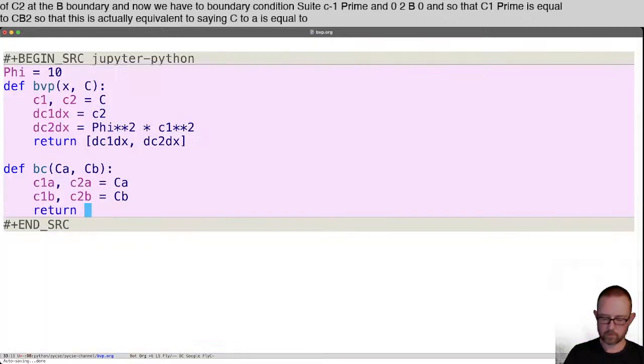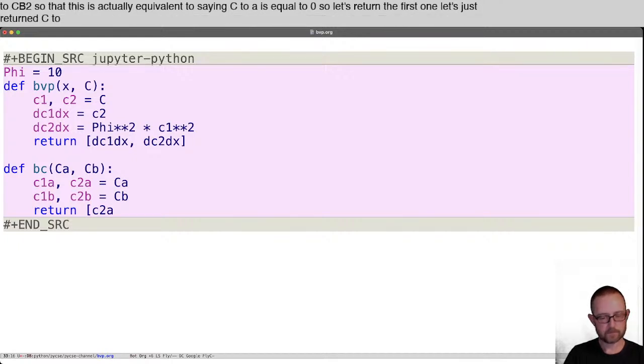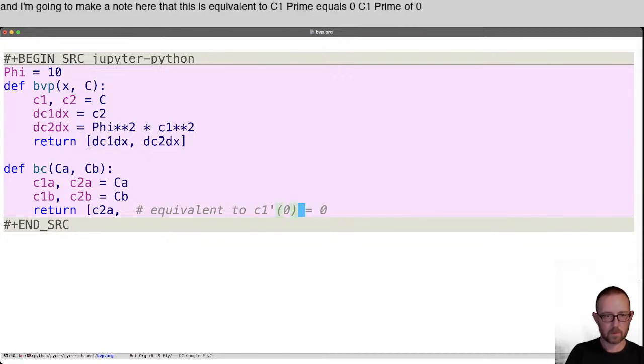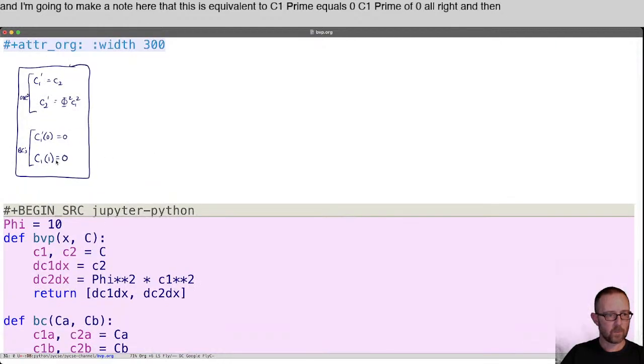So let's return the first one. Let's just return C2A. And I'm going to make a note here that this is equivalent to C1 prime of 0 equals 0. Alright, and then the second one is that C1 at 1 is equal to 0.